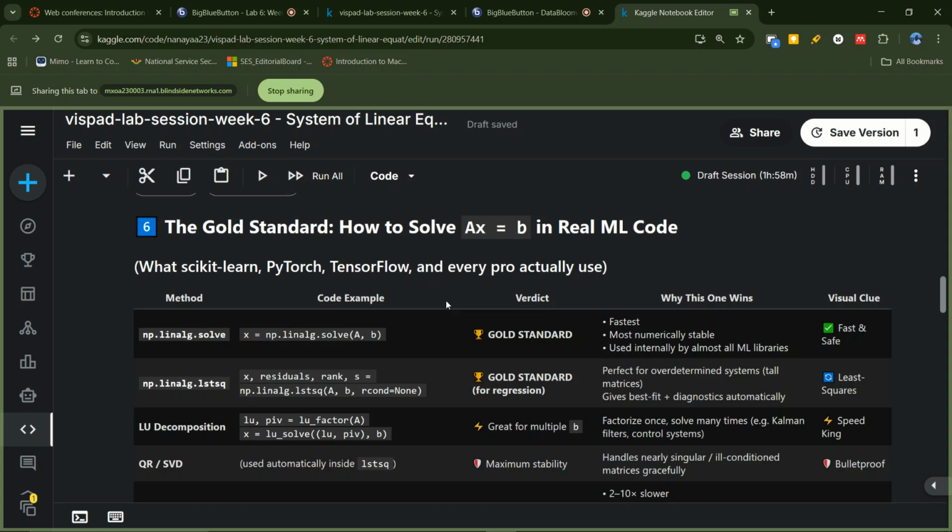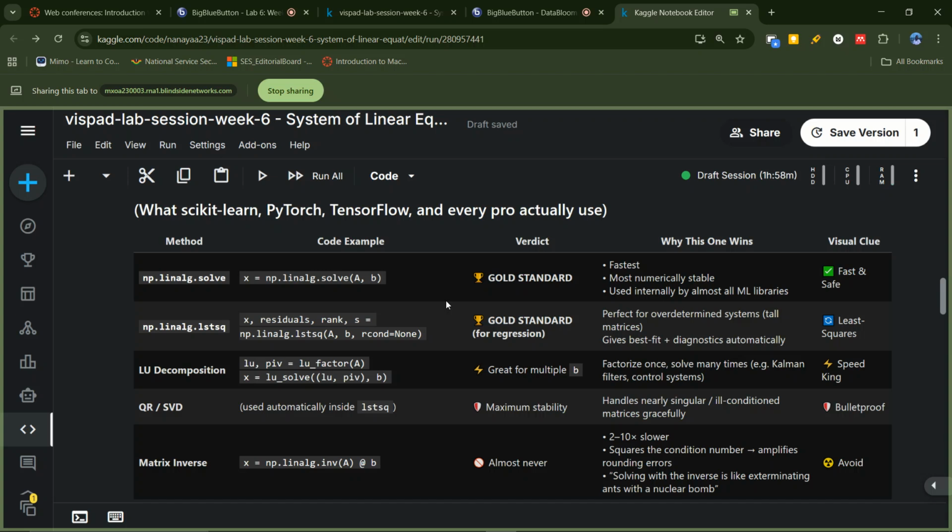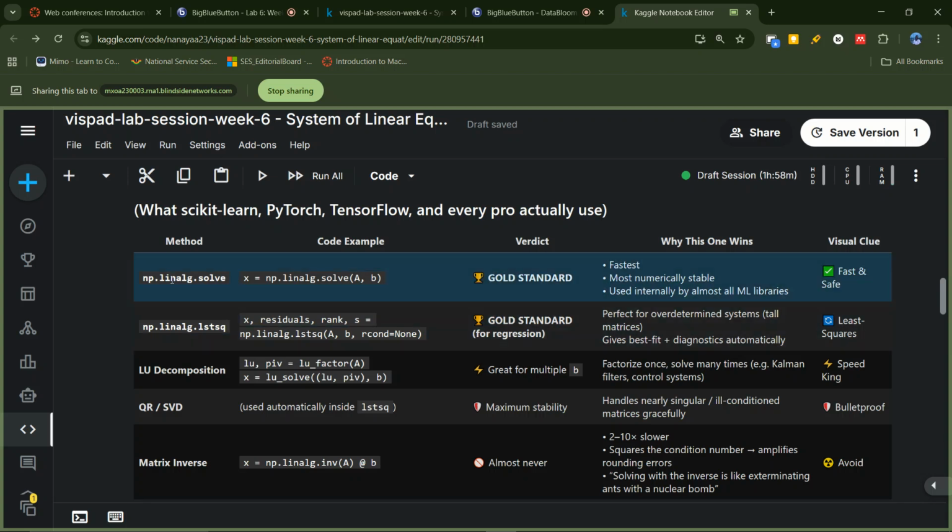Okay, great. So we have this method, the solve method.